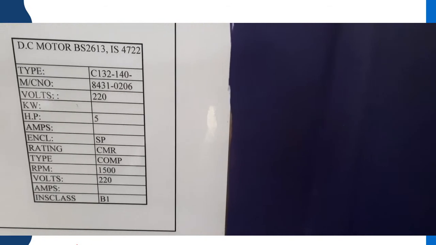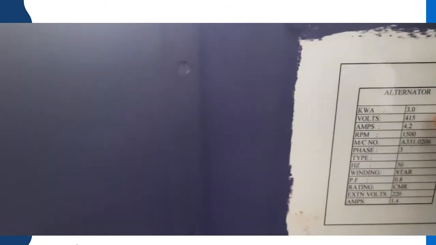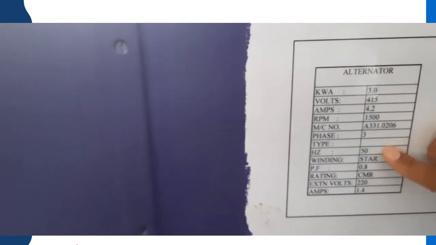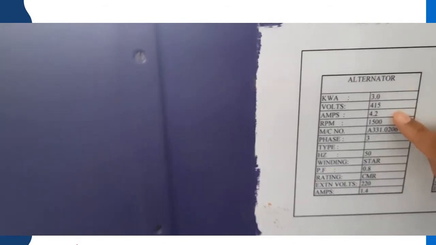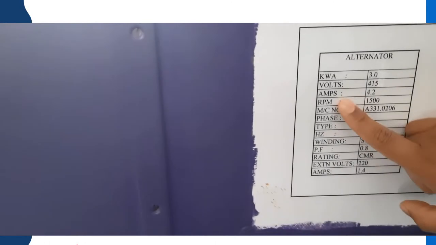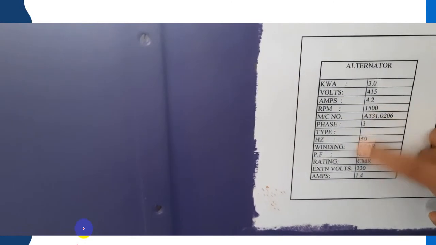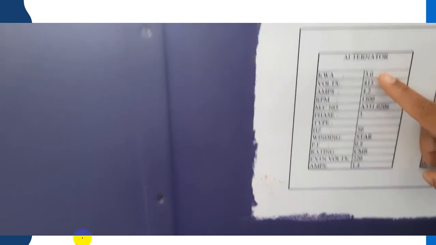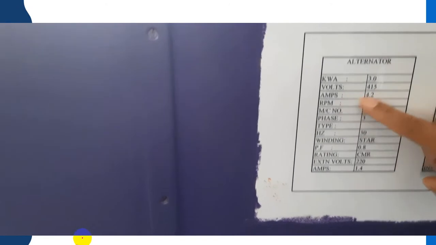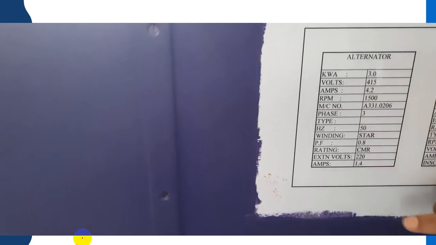The nameplate details of both machines: the required voltage for the DC motor is 220 volts and current of 19 amps, and the rated speed is 1500. For the alternator or synchronous machine, the rated speed is 1500 rpm, the voltage is 415 volts, and the current is 4.2 amps.